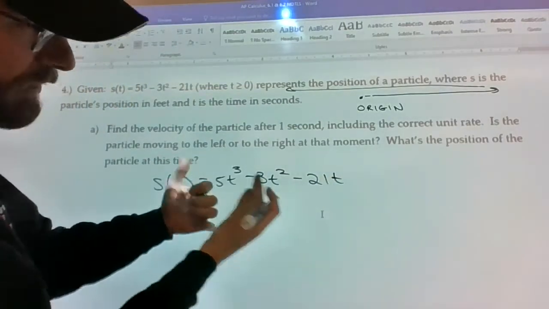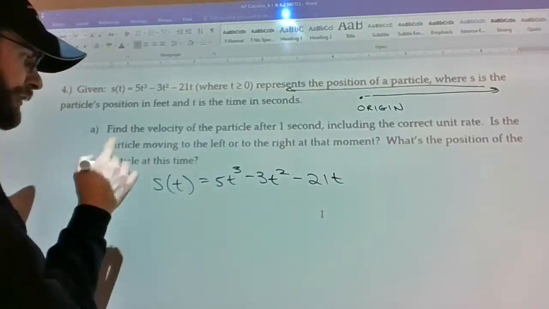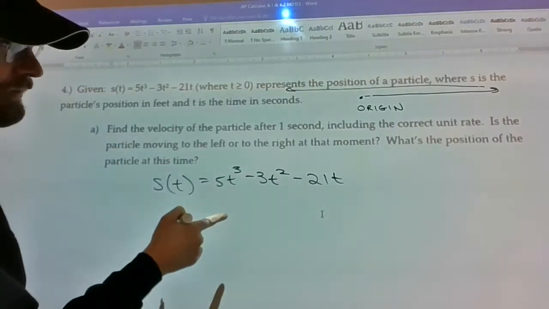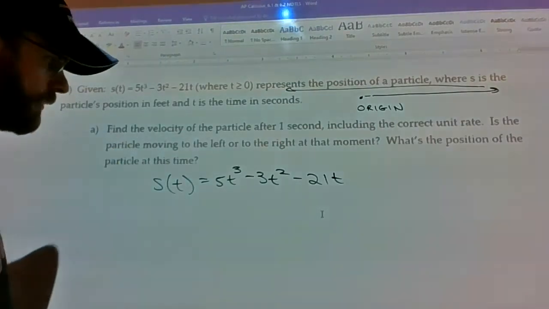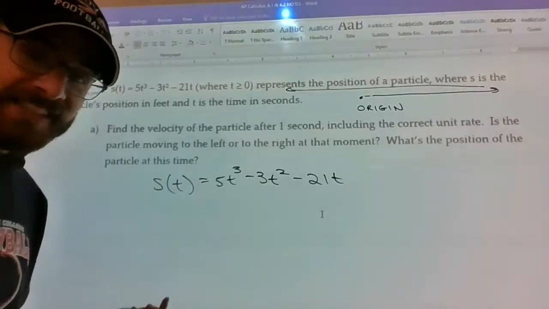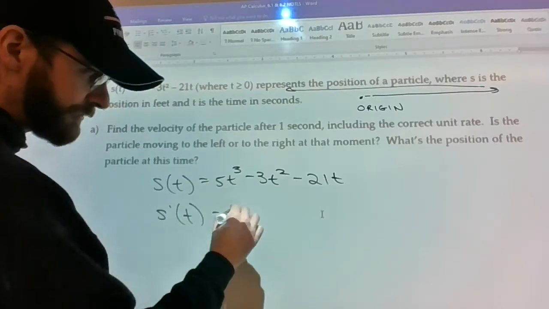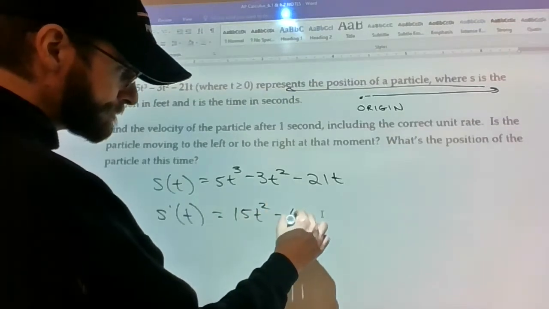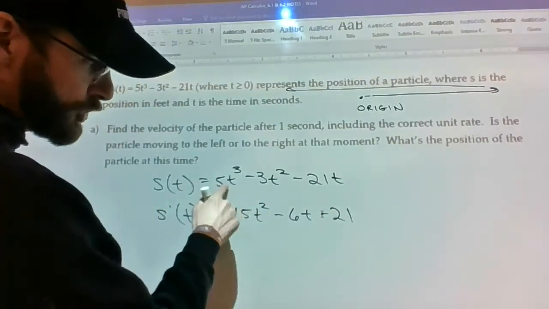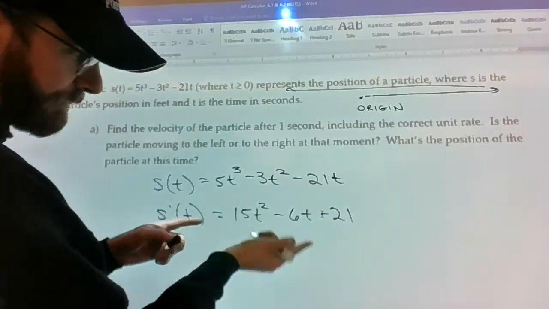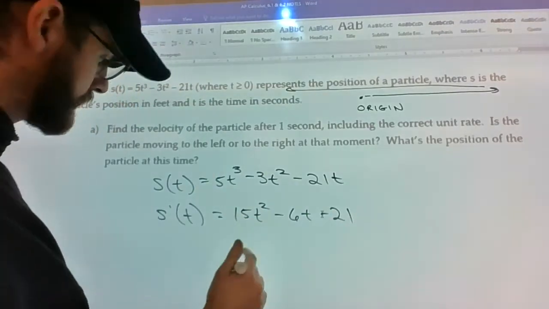If this is your position, and you can't go below 0 for time, how do you find the velocity of the particle after 1 second? We just talked about how the velocity is the first derivative of the position function. So we take the first derivative, just power rule for each term: bring the power down, subtract.